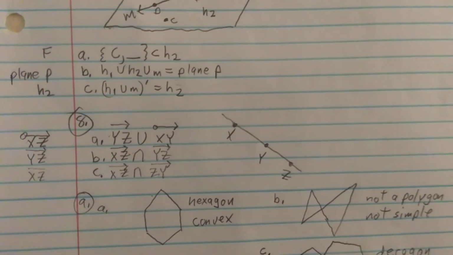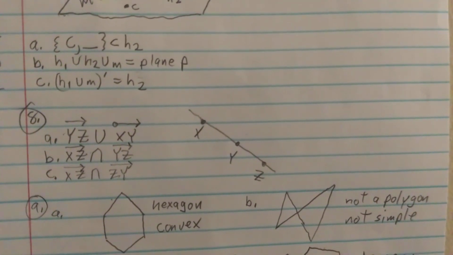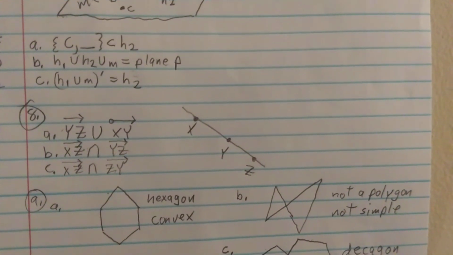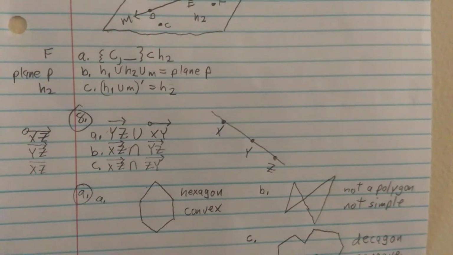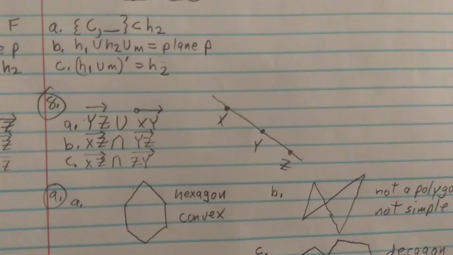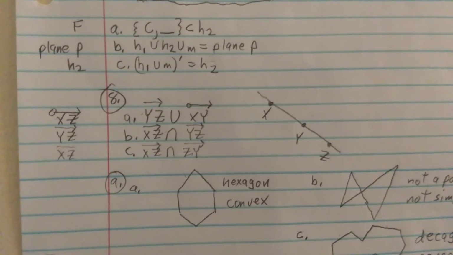And then for XZ intersect YZ, we have to take the lesser of the 2 for the intersection, so that would be just YZ. Now when we take the intersection of ray XZ with ray ZY coming back the opposite direction, we have just the line segment XZ.